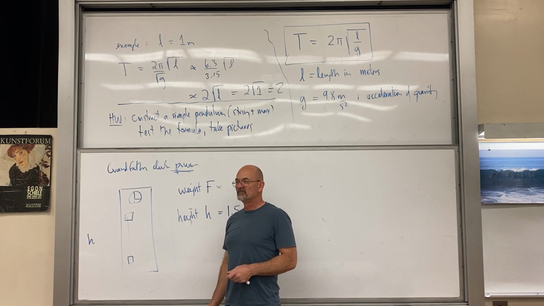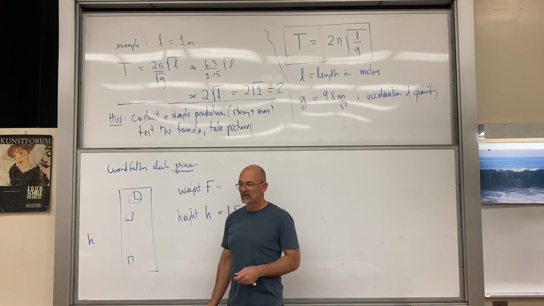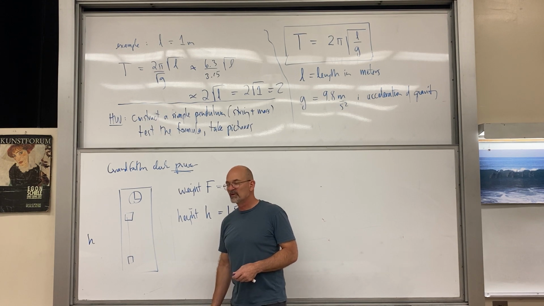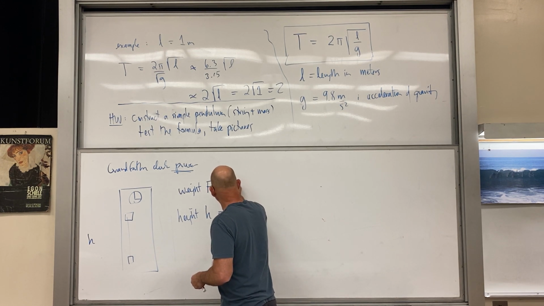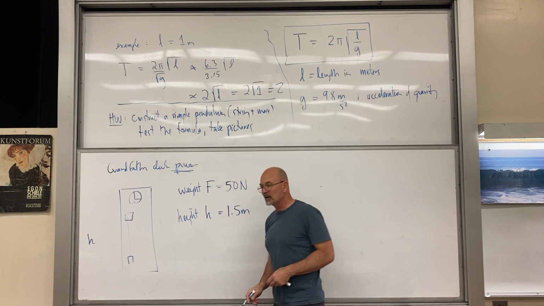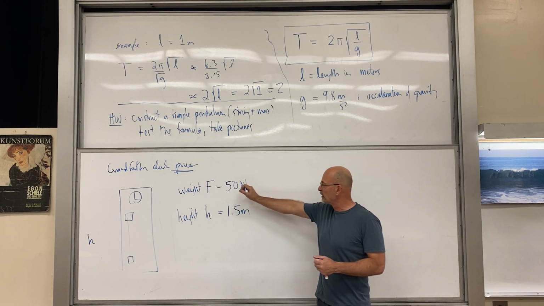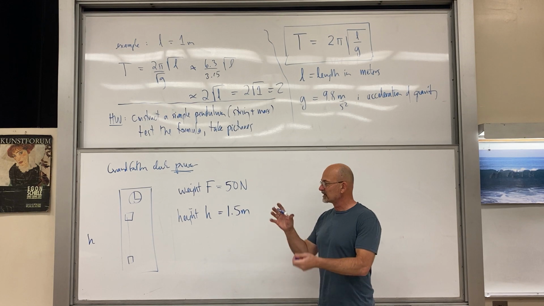Let's say it were 40 newtons, we'll even go with a larger one, 50 newtons. This is a serious grandfather clock with a good heavy weight, that's like 5 kilograms.